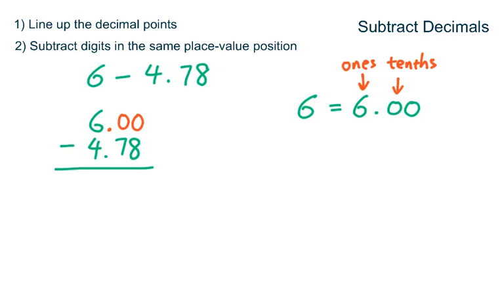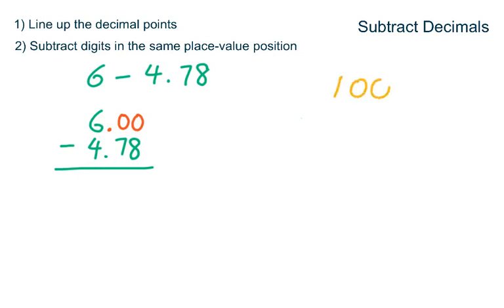But before we go over this problem, I want to do a quick review of subtracting whole numbers because it will really help you to understand what we are going to do next. So let's say I'm subtracting 100 by 78. Now, if you look at this, you know that we don't have enough to subtract 8 because it's only 0.